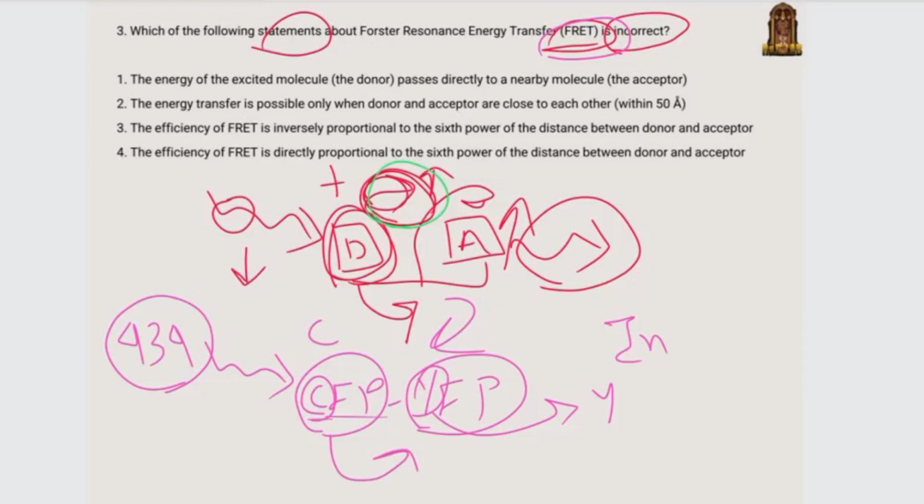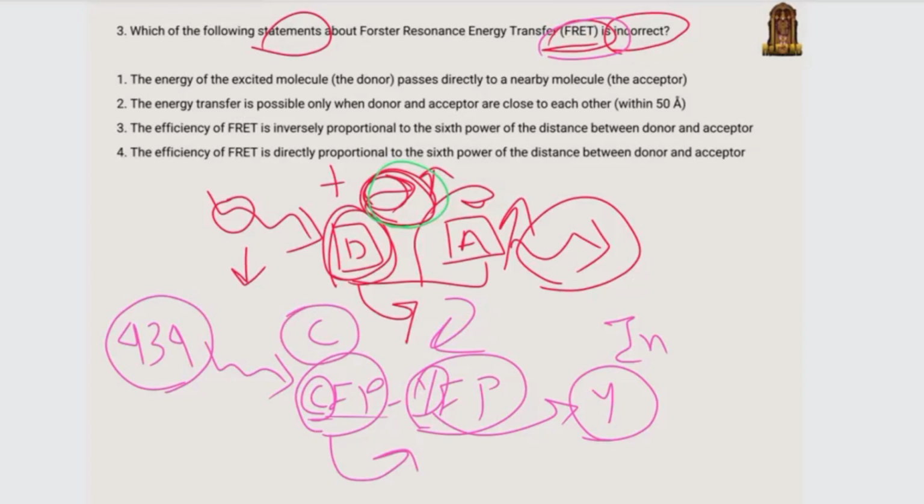If the binding is happening, then you will get the yellow light because they are very close together. If the binding is not happening or they are too far away, then you will not be able to get this yellow light. Instead, you will get this cyan light.